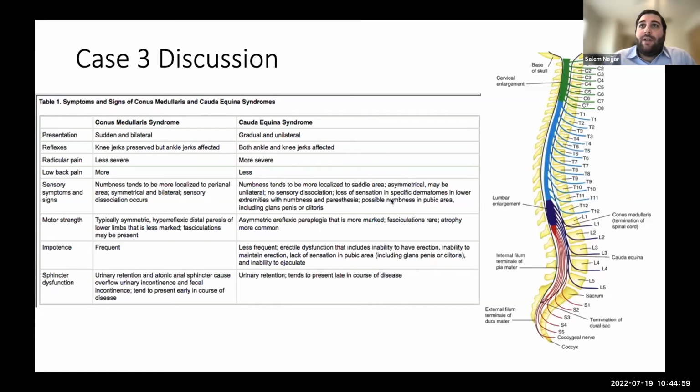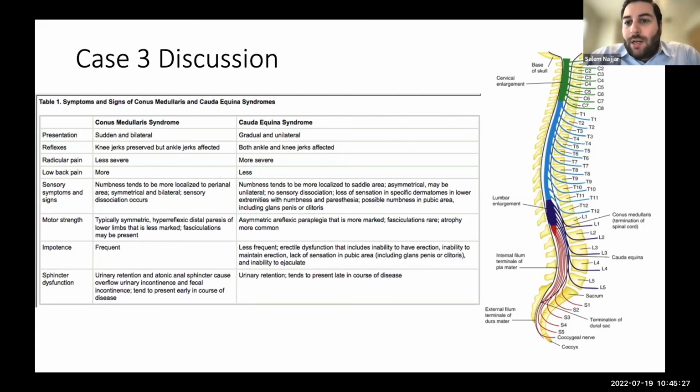Another thing that we could talk about is how cauda equina typically manifests with lower motor neuron signs, whereas conus medullaris presents with upper motor neuron signs as well as lower motor neuron signs. So the upper motor neuron signs are going to be at or below the level of compression, while the lower motor neuron signs are at the level of the compression. Now, I'm saying upper motor neuron and lower motor neuron.